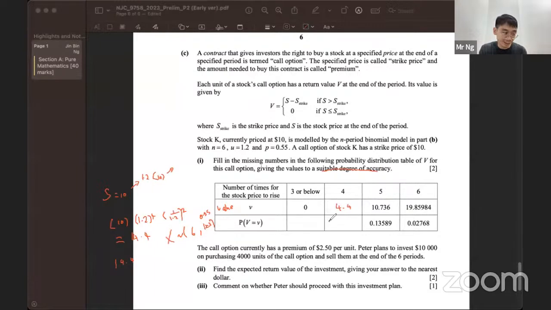So degree of accuracy means rounding off. Okay, 3 decimal places. I will write an intermediate answer first, and then after that I will write the rounded answer.